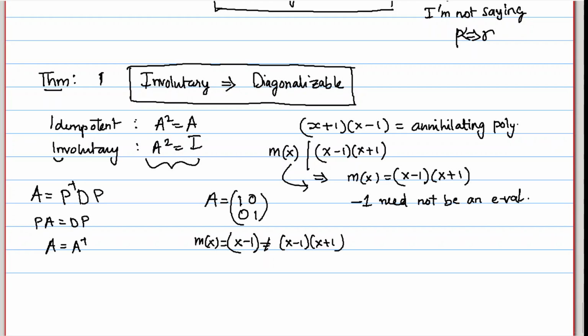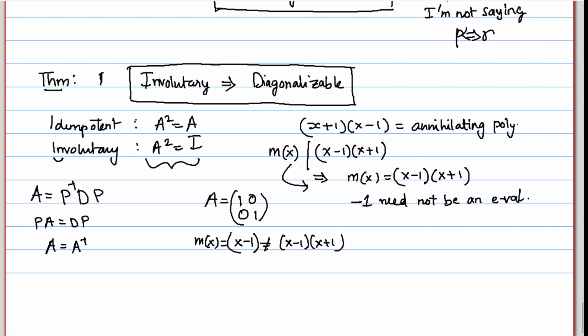Okay, eigenvalues. If the eigenvalues are 1 or -1, then it is fine. Let's take A to be non-identity. I'm saying that A is not the identity. Okay, then we cannot.